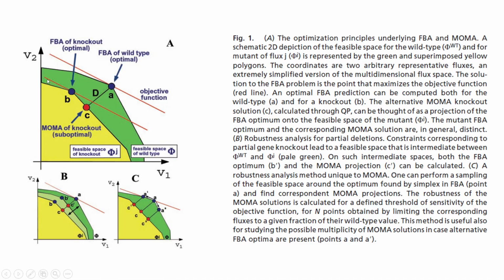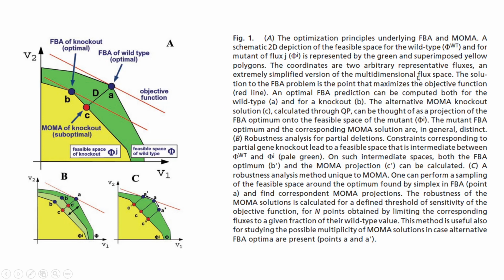Now the FBA of the knockout, you get it from the objective function of the knocked out network. The green space is showing the feasible space of the wild type, and the yellow space is showing the feasible space of the knockout network.